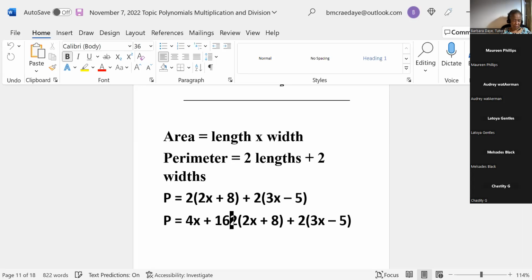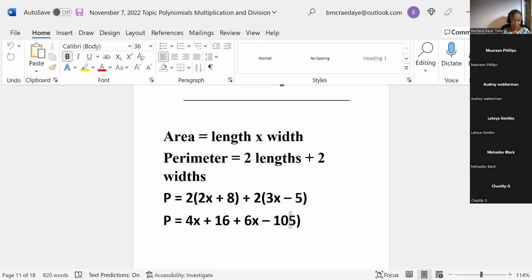So you got the first one. Now let's multiply the other one out. What's 2 times 3x, Mercedes? That's 6x. There we go. Very good. And what's 2 times minus 5, Mercedes? Minus 10. Very good.